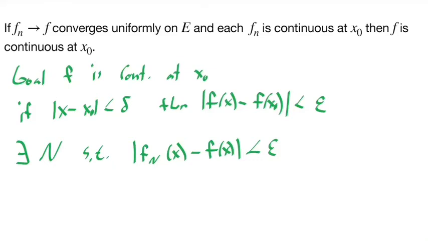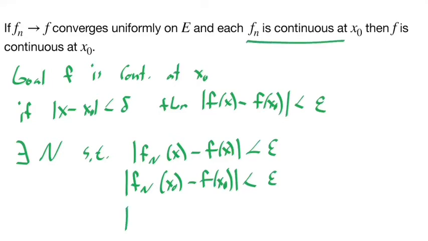So I can take my function here, the limit of these things, and compare it to some capital N. But I also know that this is also true for the x naught point. And that's what's nice about uniform convergence, is that I can pick a capital N value that makes both of these statements true at the same time. So it makes f_N(x) really close to f(x) and f_N(x naught) really close to f(x naught). So it'll make these things true at the same time.